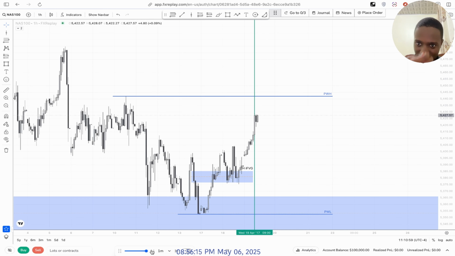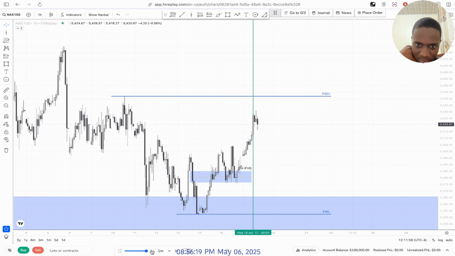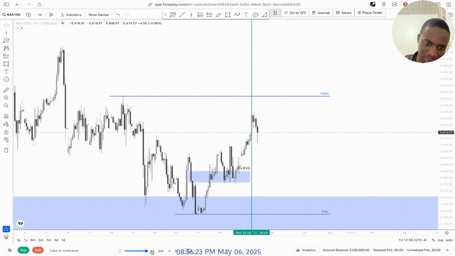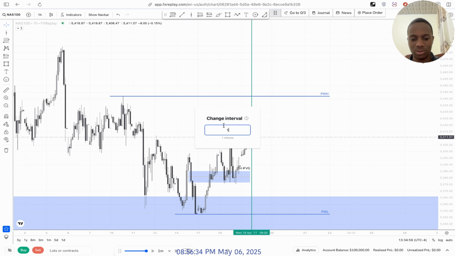heading to the previous week's high. And you can see it hasn't reached it yet, and by this time it's the PM session of Wednesday. So should we expect a drop to this volume imbalance? Let's go to the 15-minute and see.